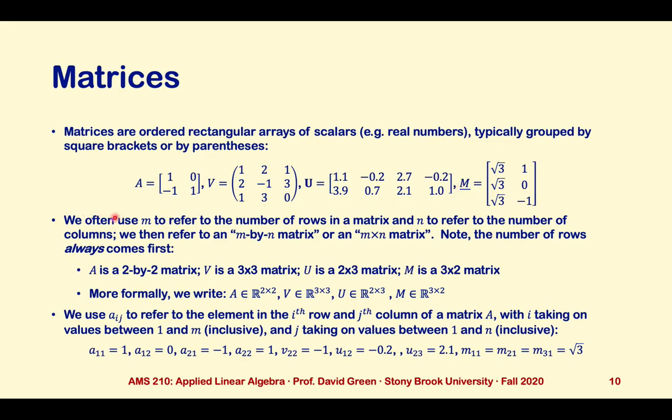We generally refer to matrices as M by N matrices, either with the word by written or using a multiplication sign, or a cross sign, to represent by. We always write the number of rows first. So an M by N matrix means there are M rows and N columns. A is a 2 by 2 matrix, 2 rows and 2 columns.